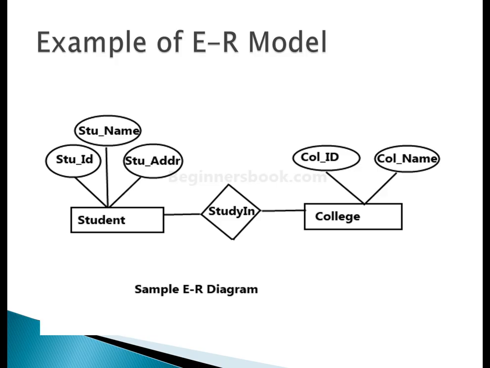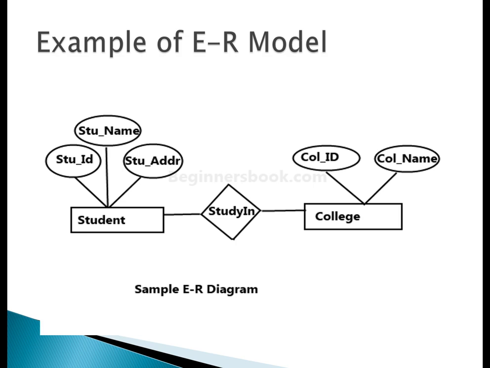So here there are two entities, student and college. We have represented it in this rectangle. Now student entity will have some information that will become the attribute like student ID, student name, student address. So we'll put all these attributes in this ellipse shape, oval shape. Likewise, college entity will have some attributes like college ID and college name.